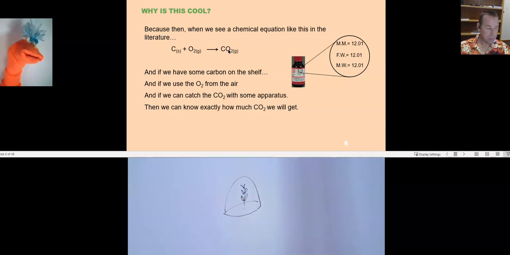I'm going to put it in an environment of carbon dioxide, and I want to know how much carbon dioxide to put in there. I need to start off with the right amount of carbon dioxide.